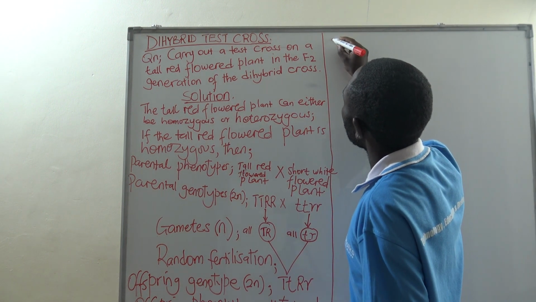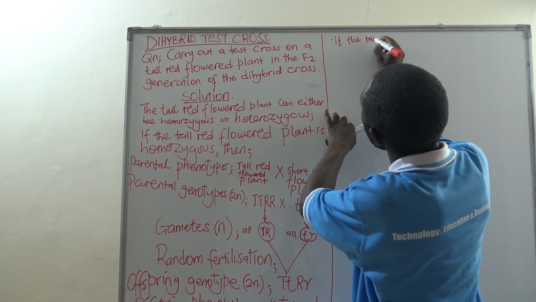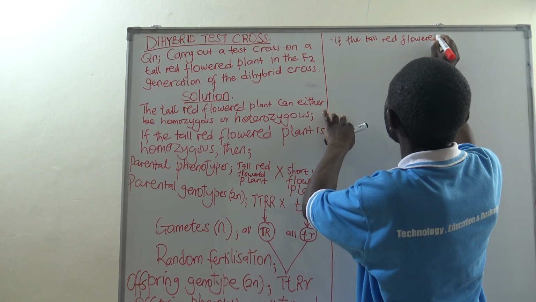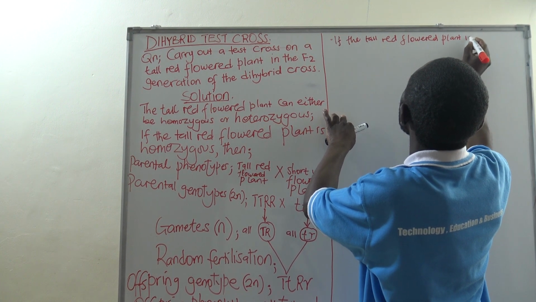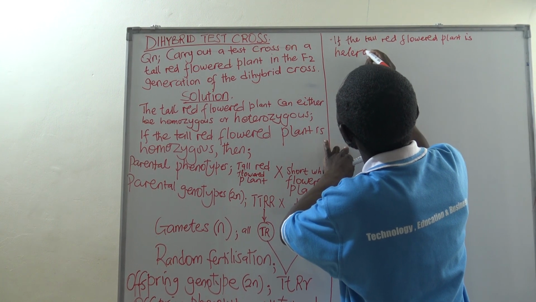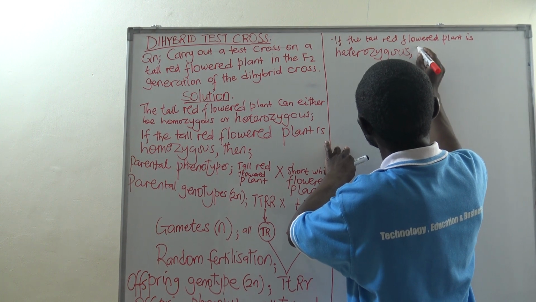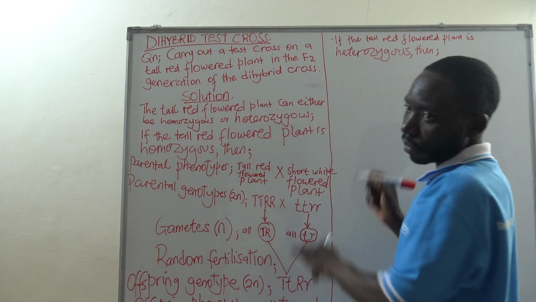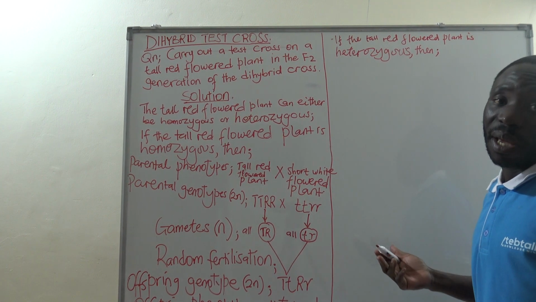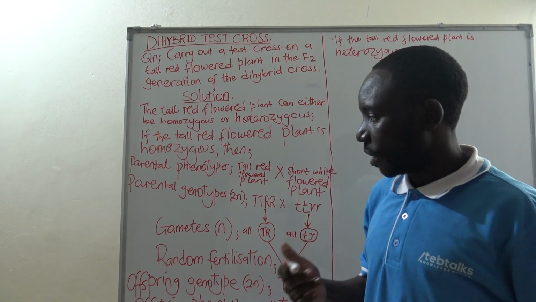If the tall red flowered plant is heterozygous, of course we know that the other parent must be homozygous recessive. That is the meaning of a test cross.